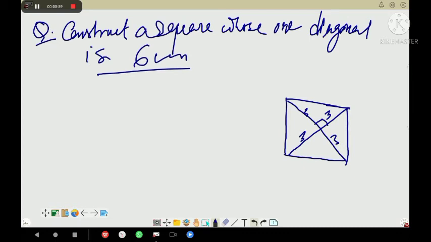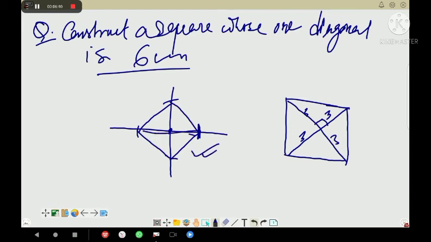If we first draw two perpendicular lines and draw 4 arcs of 3 centimeter radius, using the point of intersection of the diagonals as center, and join these points, we get the square.